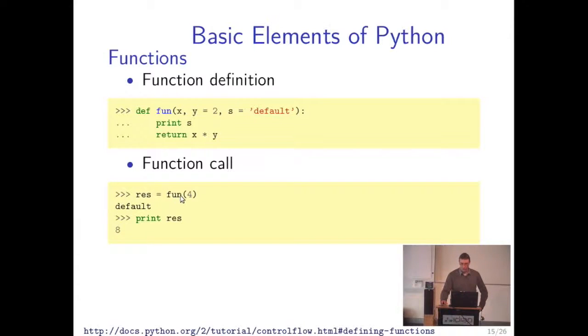So when you call the function fun with the 4, and you assign it to a result, then this will inside print the string s, which is the default value. So you will get a default. And when you print what is coming out of this function, you will get an 8. Because it multiplies the 4 with the 2 that is default.